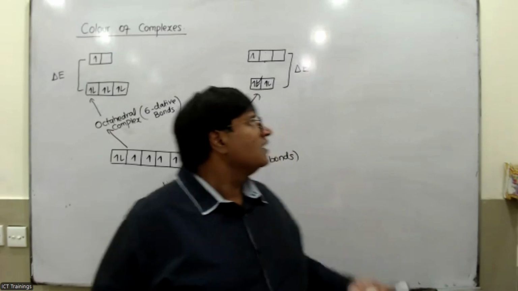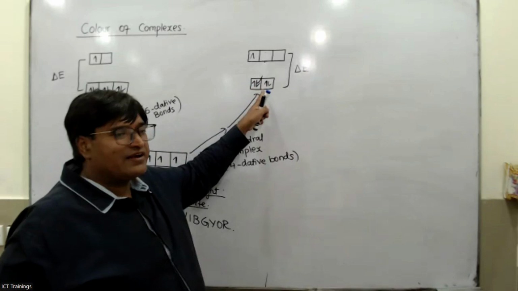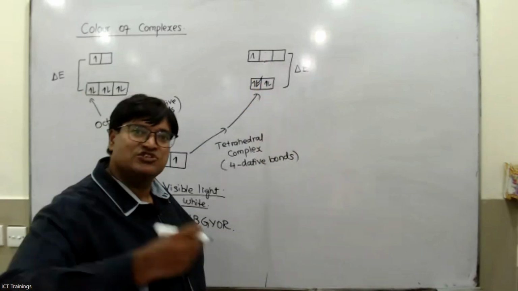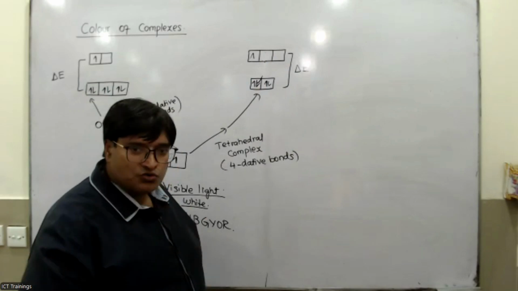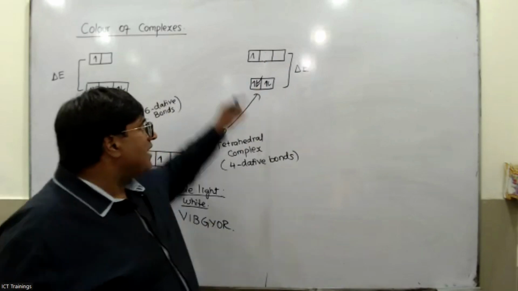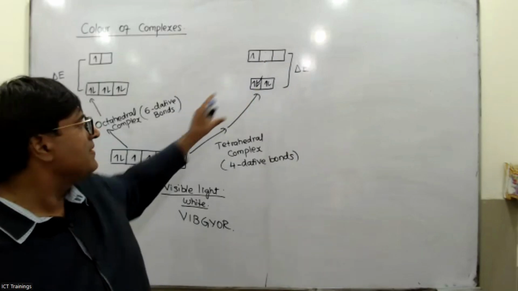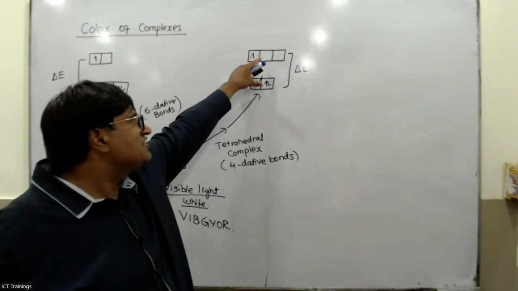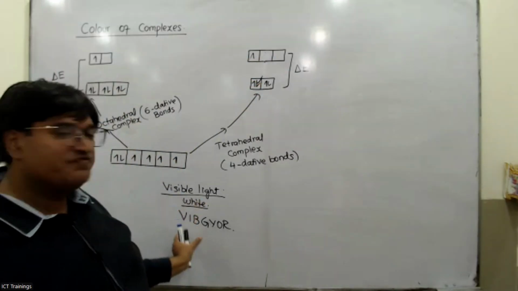Okay, so this process of jumping of an electron from low energy to high energy level by using energy from the source happens in every element. But in case of a transition element, the difference of energy level comes in the range of visible light.